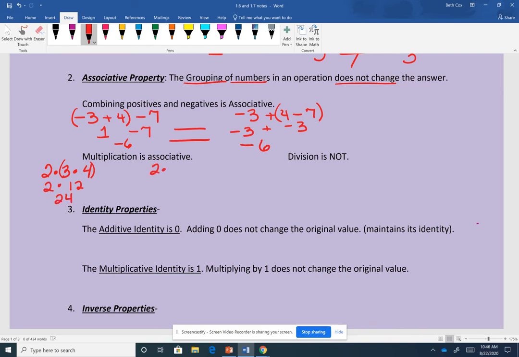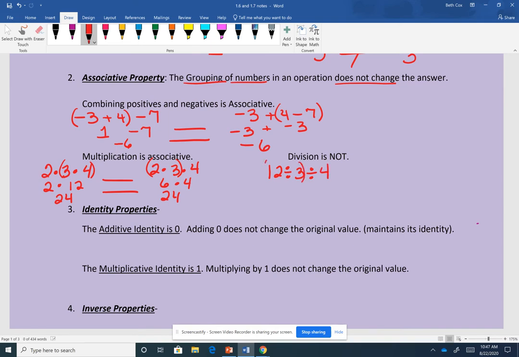But if I did those two first, again, notice the order in which the problem is written is not changed. It's just which ones I do first changes. That's 6. Well, I get 24. So multiplication is associative, but division is not. This is really picky on calculators. You have to be really careful about this one.